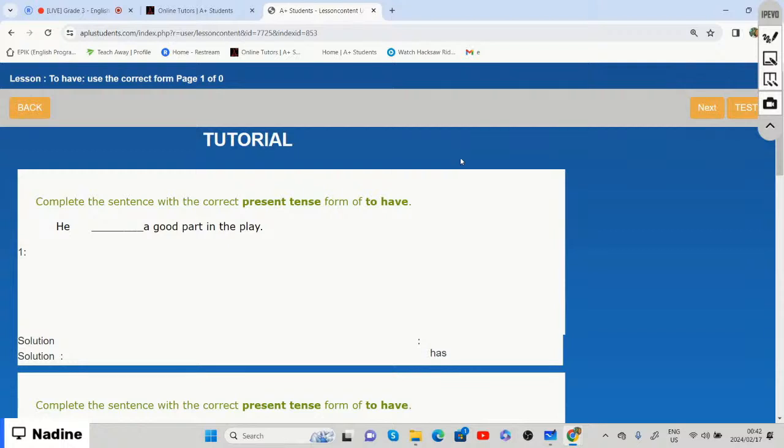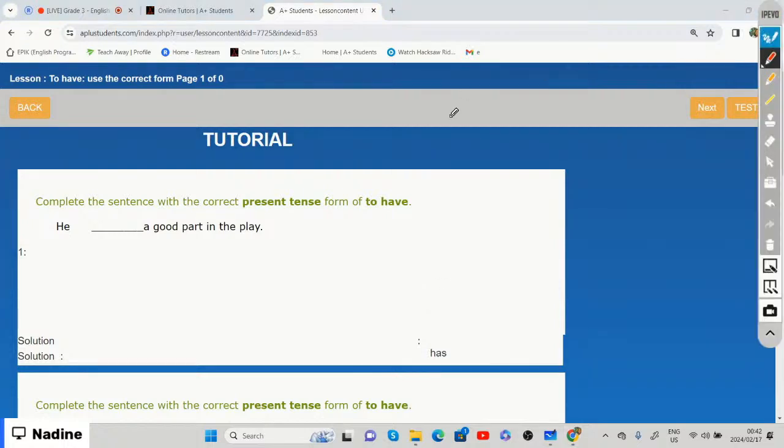So do we say, for example, he have, or do we say he has a good part in the play? You need to use one of these. He have a good part in the play, or he has a good part in the play. Which one is the correct one?